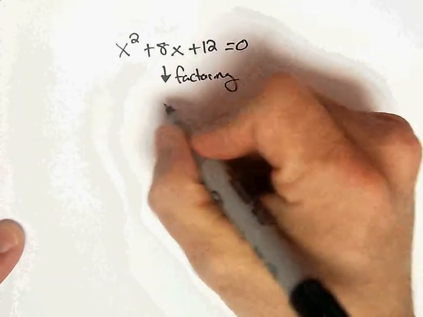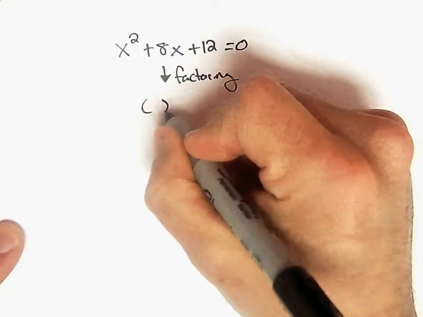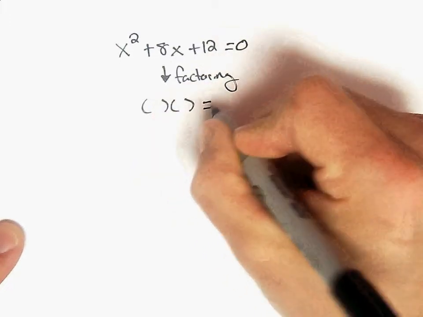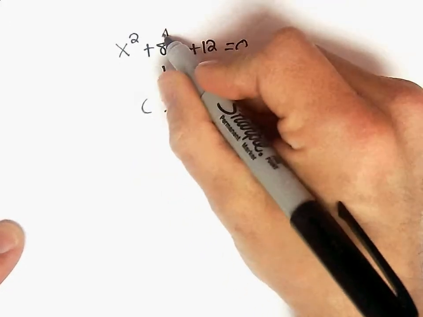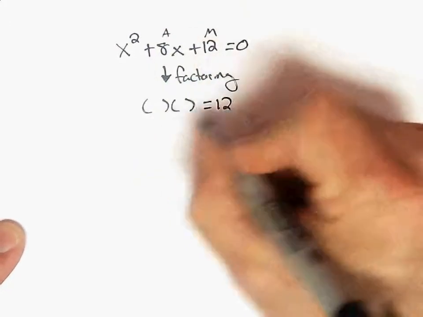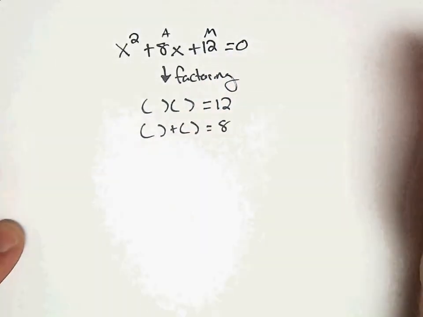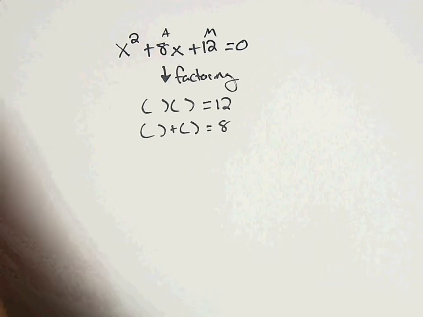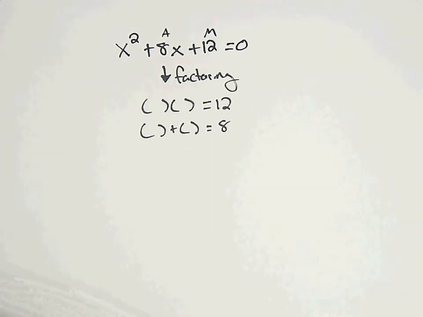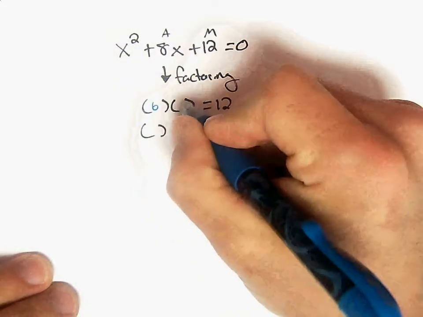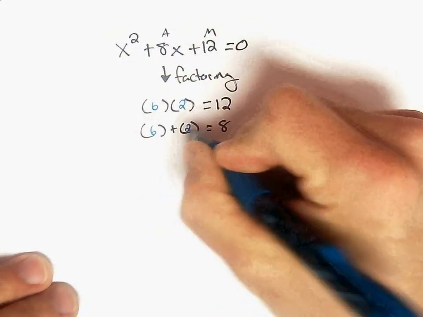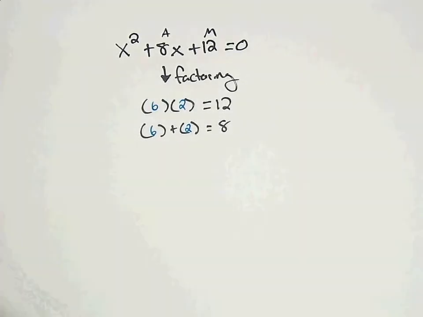And what we would end up doing is we're looking for two numbers that multiply to give me 12, but those same two numbers add to give me 8. And so in looking for those numbers, hopefully you realize that those two numbers are 6 and 2. So 6 times 2 is 12, 6 plus 2 is 8.